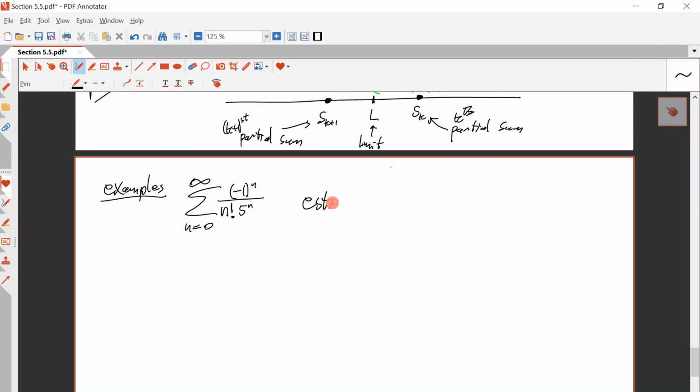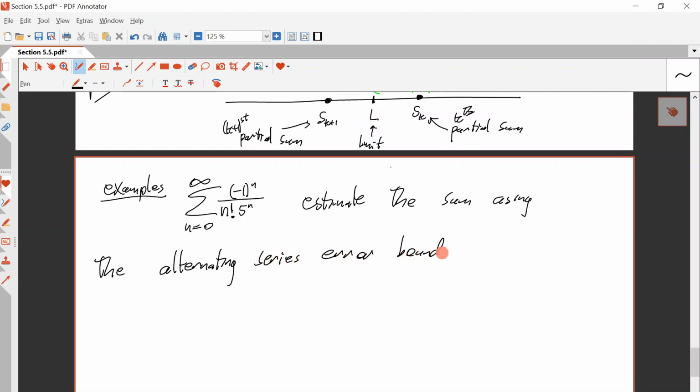So estimate the sum using the alternating series error bound. Estimate with, let's say, 5 decimal places of accuracy.